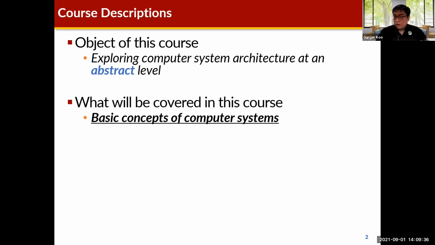I mentioned that we will learn about computer system hardware, not software, but we will also cover some interfaces between hardware and software. That means you need to understand also some very basic software, especially C programming. So we will cover the basic concepts, not everything, of computer systems.